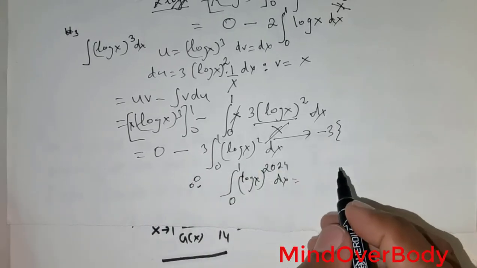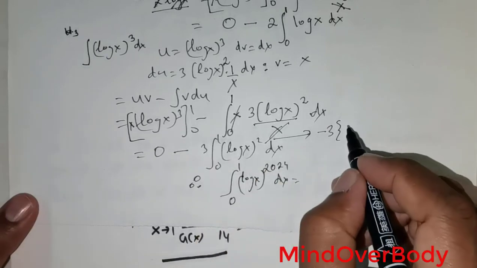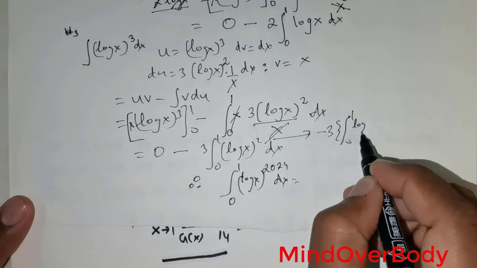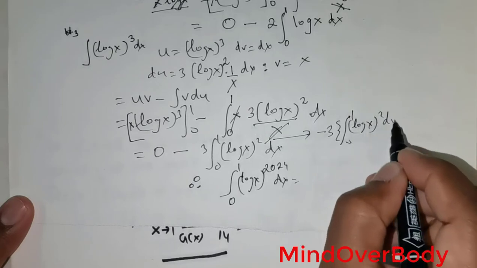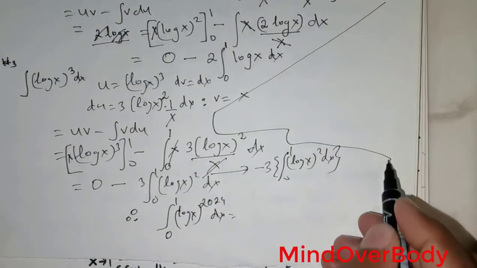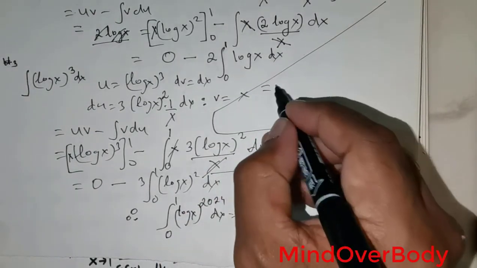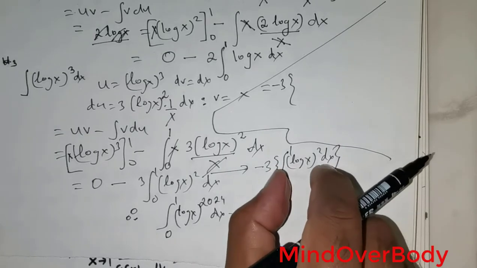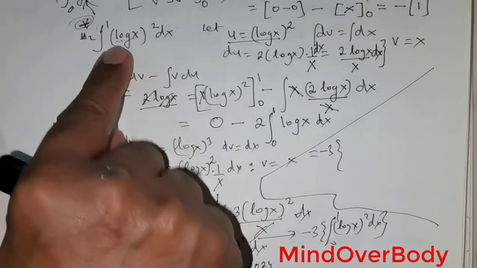I can take negative 3 out, and I have integral 0 to 1 log x raised to the power of 2 dx. Right? Now let me use the space here. Let me try to explain the concept here. So negative 3. Now this is actually this.